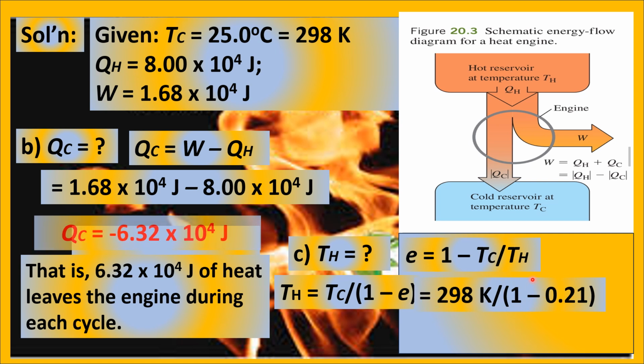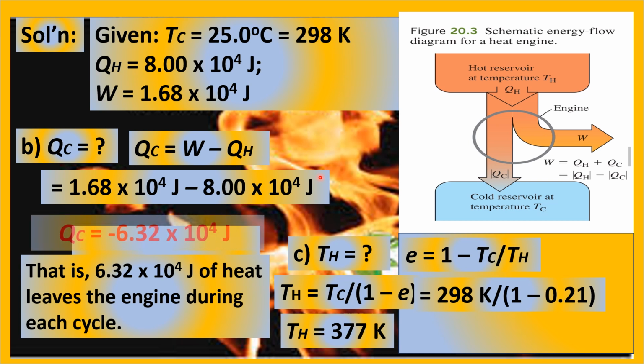Substituting, we have 298 Kelvin as the value of the temperature in the cold reservoir, then divided by the difference of 1 and the efficiency 0.21. Doing our math, we will get the value for T sub H that is equal to 377 Kelvin.